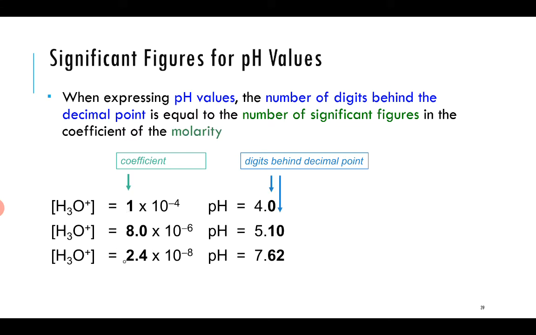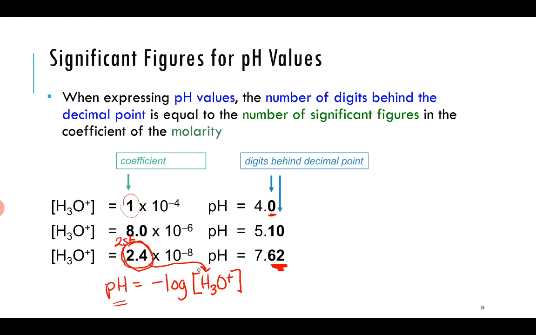So we have to look at this coefficient that goes into our pH. And so we have to remember that our pH is equal to our negative log of the hydroxide ion concentration. And so if this concentration has 2 sig figs, then in this pH calculation, we're going to have 2 after the decimal point. If we had 1 significant figure go into that logarithm, then you're going to have 1 after the decimal come out.